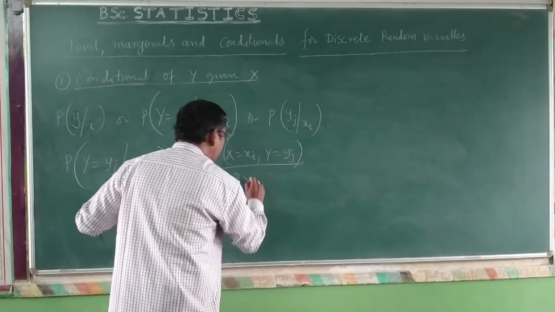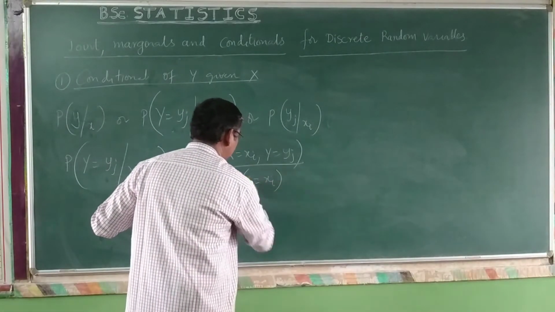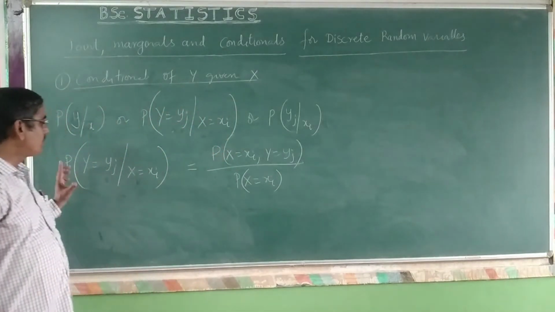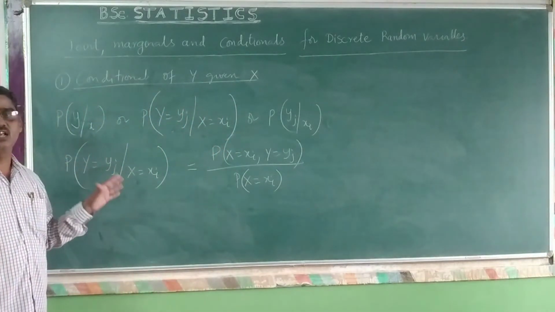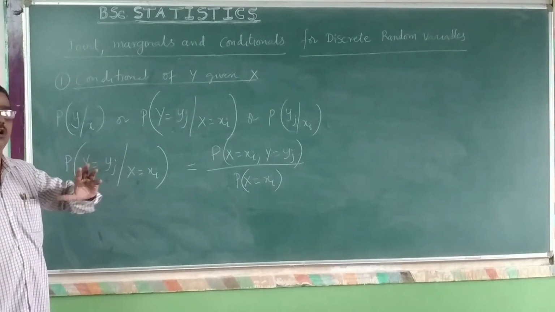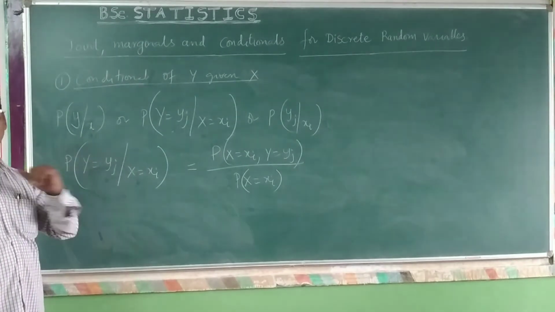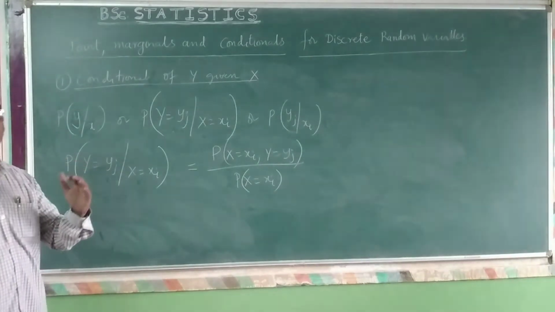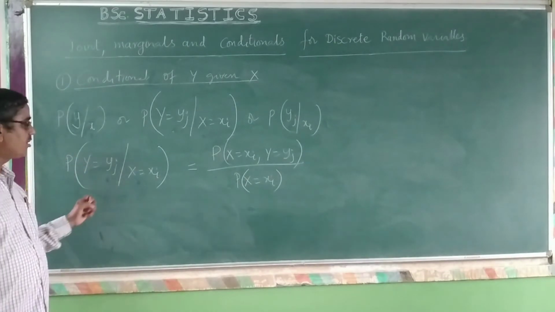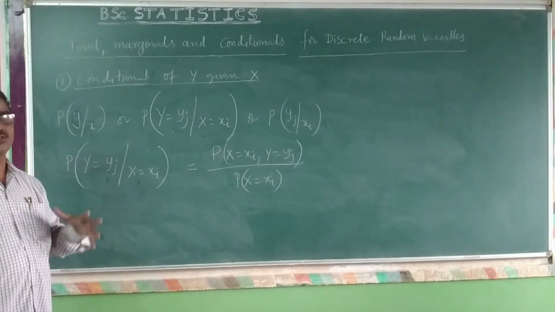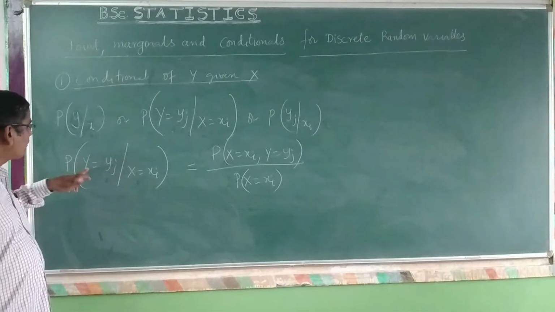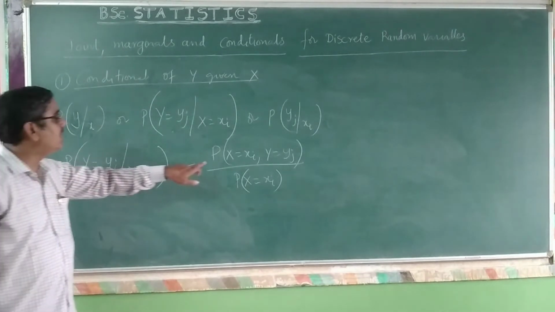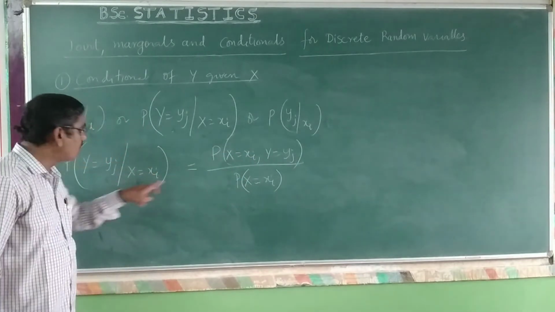This is the marginal probability mass function for discrete random variables, and density function for continuous random variables. So y given x is going to be calculated by the joint of x and y divided by probability of x.